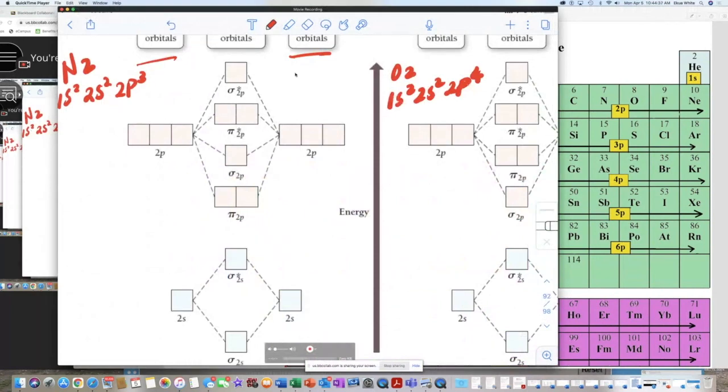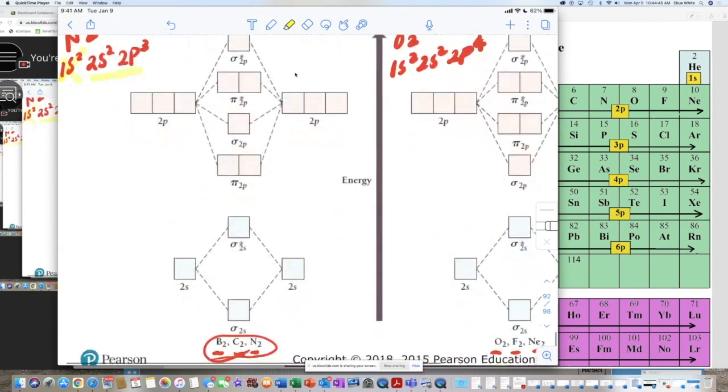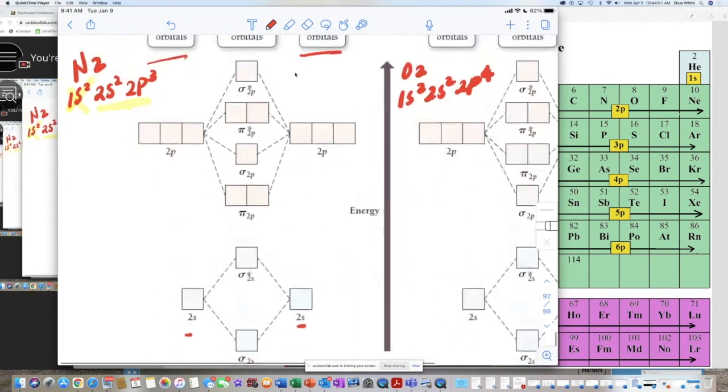So remember, we are only working with the valence electrons. So I don't really need this. I'm just going to use these two because down here, you see what level we're on? 2s, 2s. Nobody's showing the 1s level. So I know each nitrogen has 2 electrons in the 2s level.